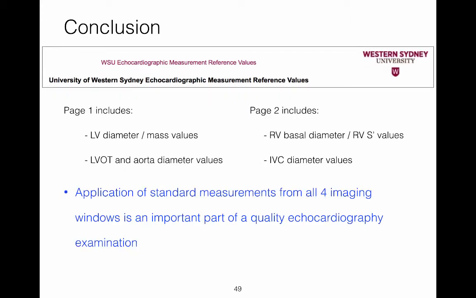Examples of where to find some of the values included in this lecture are on page 1 of the document: LV diameter and mass values, LVOT and aorta diameter values. On page 2: RV basal diameter, RV S prime values, IVC diameter values.